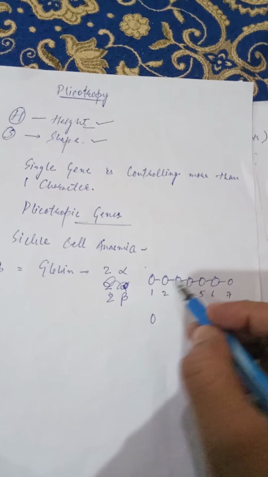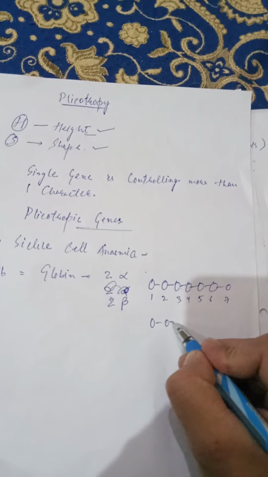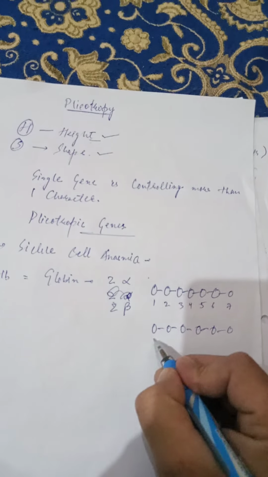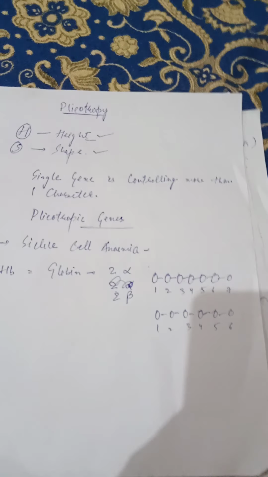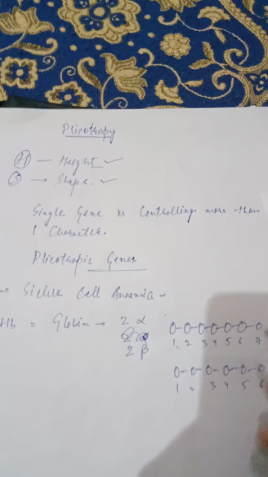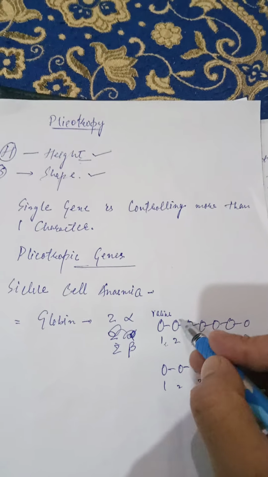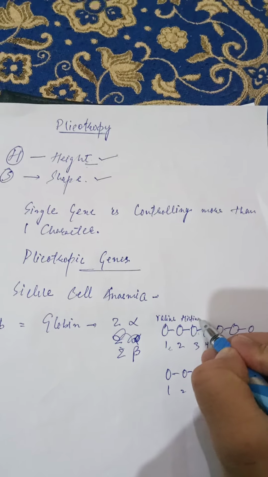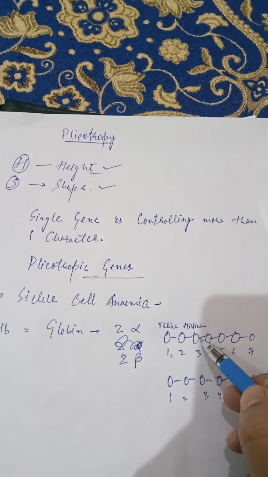Similarly, if this is the alpha polypeptide chain and this is the beta polypeptide chain, 1, 2, 3, 4, 5, 6, right? At the first place there is valine, the second place there is histidine, and so on, right?